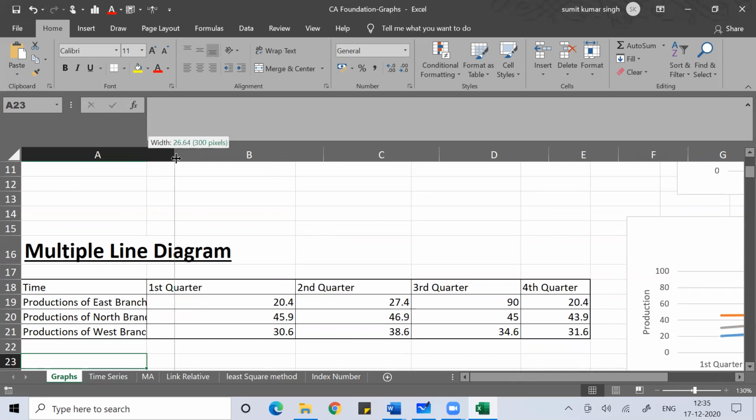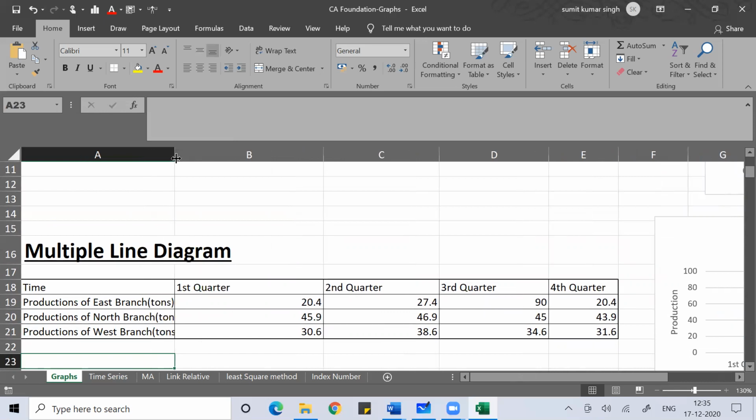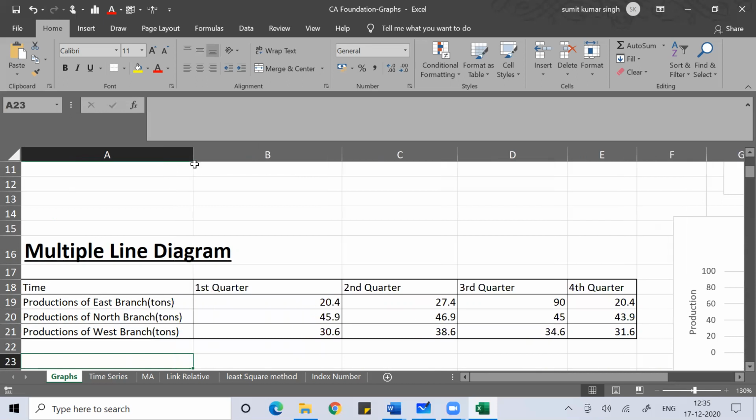Again I measure the production of the company, but now for different parts: production of east branch, north branch, and west branch, measured in the first, second, third, and fourth quarters.